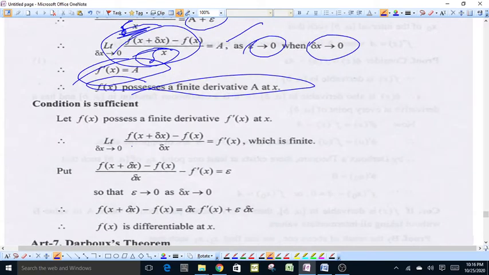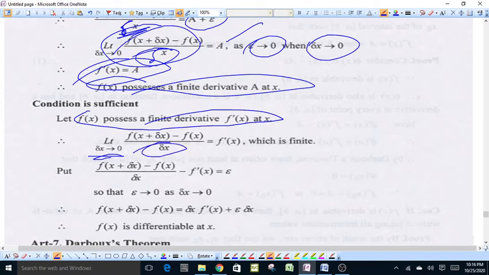Now the condition is sufficient. Let f(x) possess a finite derivative f'(x) at x, then the limit as Δx approaches 0 of [f(x + Δx) − f(x)] upon Δx will be equal to f'(x), which is a finite number.